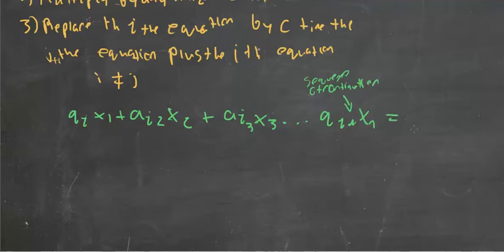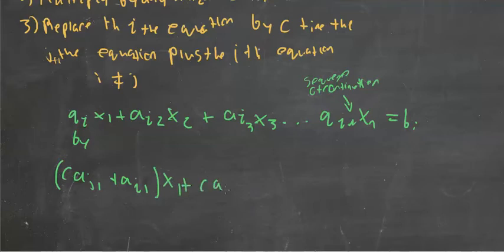And we'll just set that equal to any b_i value. So let's go by c a_j1 plus a_i1, which is when we're multiplying the jth equation by a constant and adding it to the ith equation, hopefully to cancel it out or eliminate one variable.